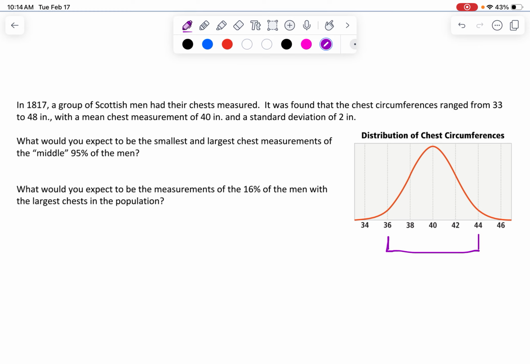So that is 2 standard deviations away. So that would be plus and minus. So that's up to 44 and then down to 36. So what you'd expect to be the smallest would be 36, and the largest would be 44 inches. So that would be what we would expect.